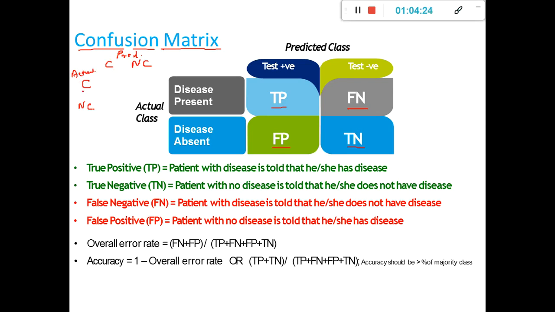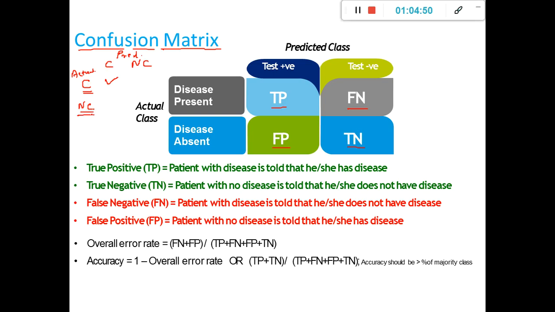If you have followed the hypothesis testing lecture, the video which I have created, I have taken this example. Actually a person is having cancer and my model has predicted that he is having cancer, which is my correct result.